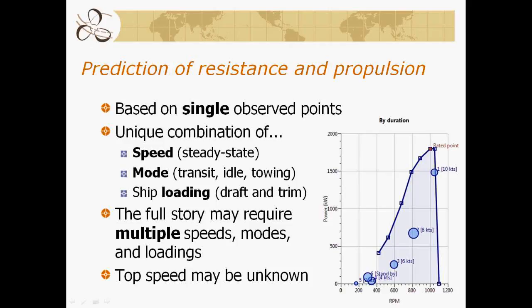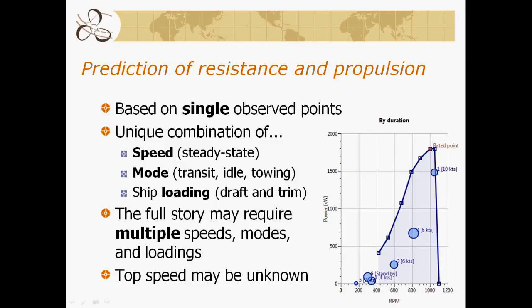The full story, when we're looking at a design objective, may require multiple speeds, multiple modes, and multiple loadings. This requires many numbers of calculations and sometimes iterative calculations, particularly where the top speed of a vessel during its design phase may be unknown, and the objective is to achieve a maximum speed.